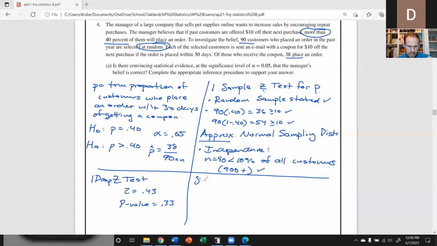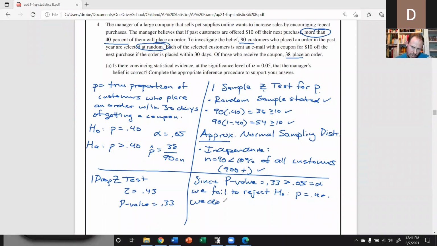So since our p-value is 0.33, that's much greater than alpha, which is 5%. So p is not low, so we fail to reject the H naught, and our H naught was that p equaled 0.40. That means we don't have evidence for the alternative hypothesis.